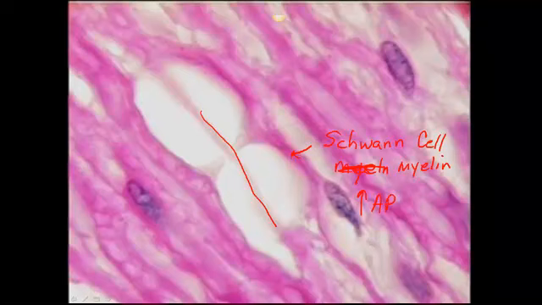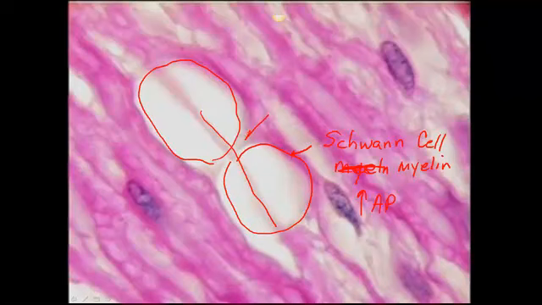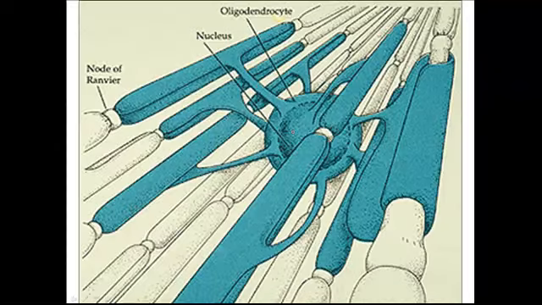And then here, you see, it goes like this, and the next one goes like this, and then there's a space right here. This is called a node of Ranvier. And this allows for saltatory conduction, which we'll go over in the nervous system. But this is a beautiful picture of Schwann cells.